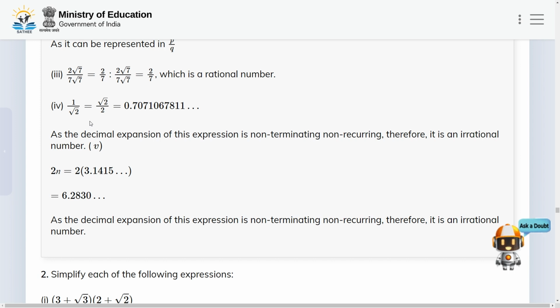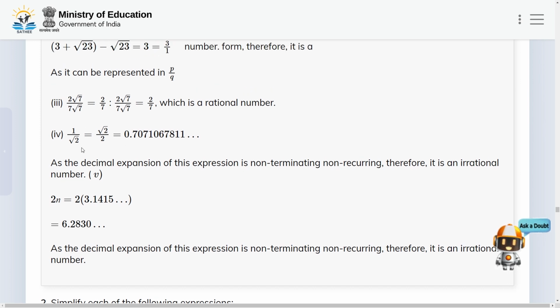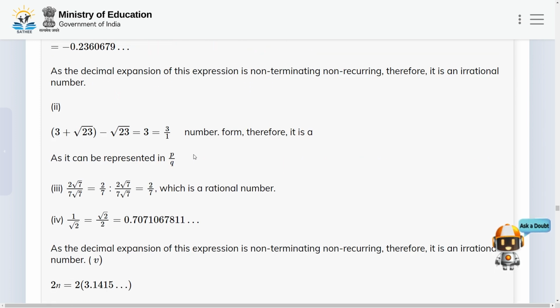As the decimal expansion of this expression is non-terminating and non-recurring, therefore it is an irrational number. So 1 by root 2 is an irrational number.